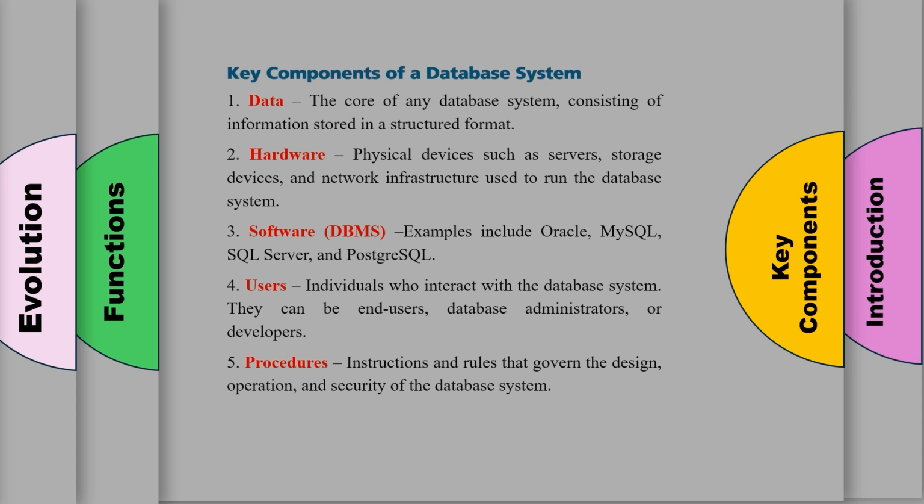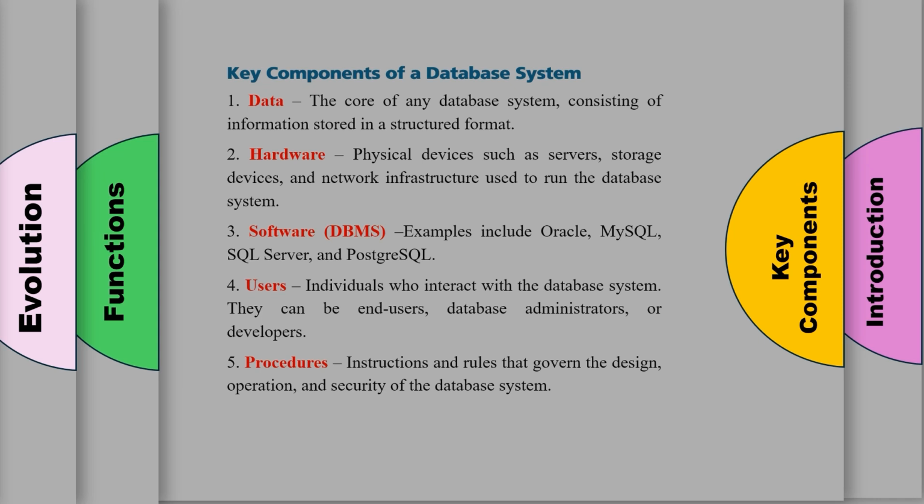Then the hardware: the physical devices such as servers, storage devices, and network infrastructure used to run the database system. Then the DBMS, the software that the developer will use to create the database system, which can include Oracle, MySQL, SQL Server, PostgreSQL, and Microsoft Access.